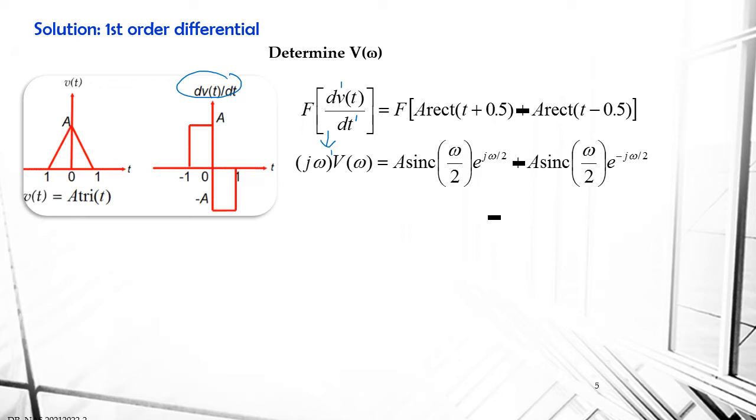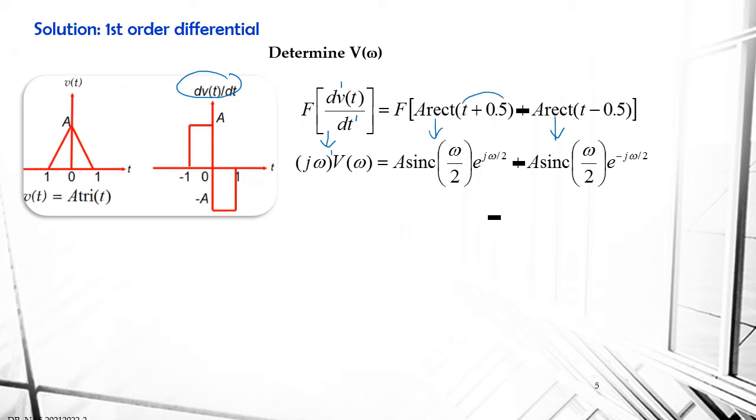The first order differentiation equals a rect(t + 0.5) minus a rect(t - 0.5). So perform the Fourier transform on the right hand side as well. This one equals a sinc(ω/2).